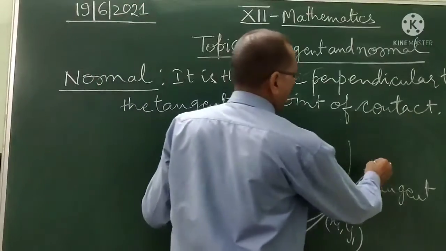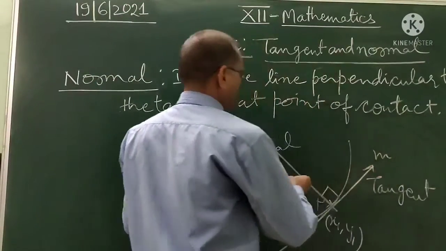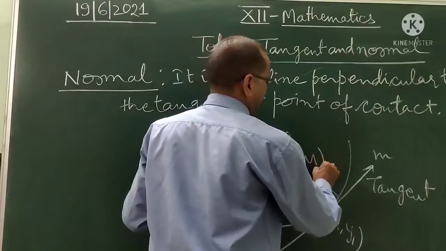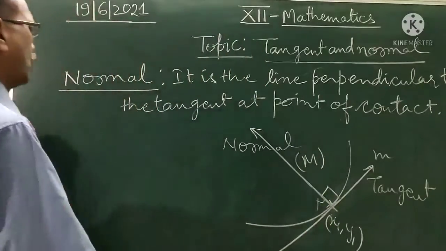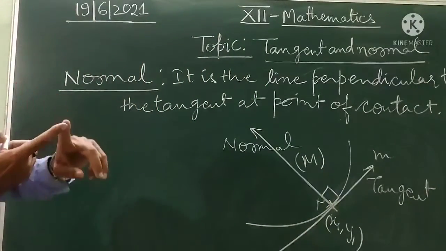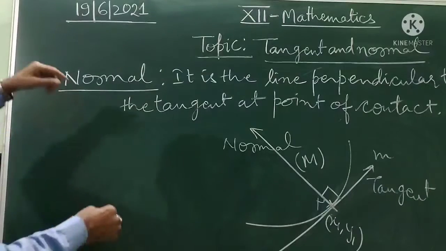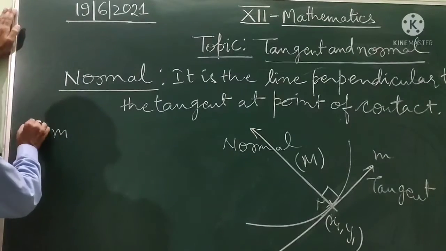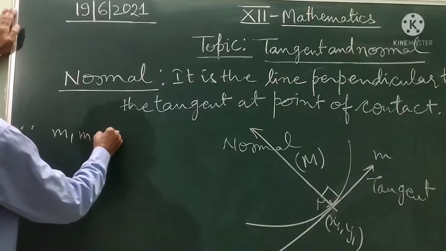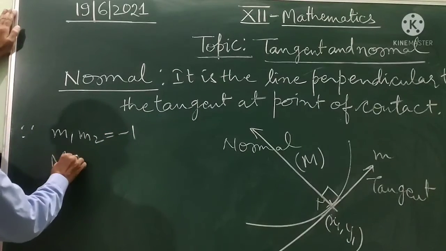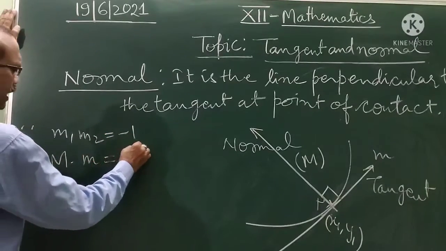Student, let the slope of the tangent be m and the slope of the normal be capital M. Then you know the relation between two perpendicular lines: since m1 times m2 equals minus 1, therefore capital M times small m equals minus 1.